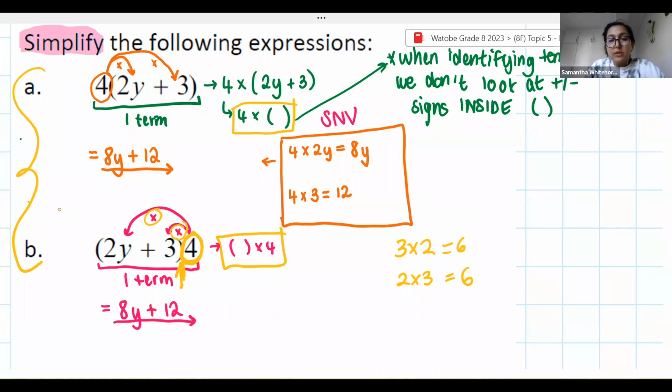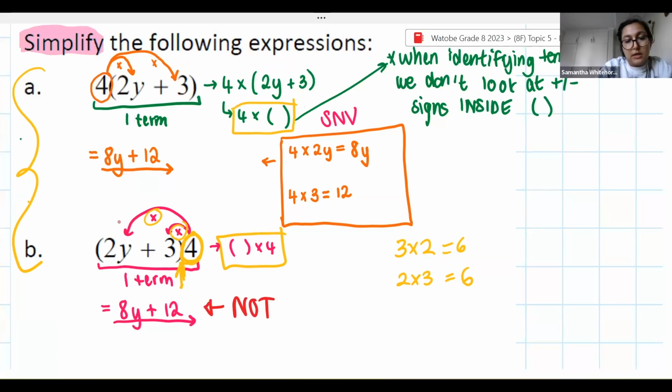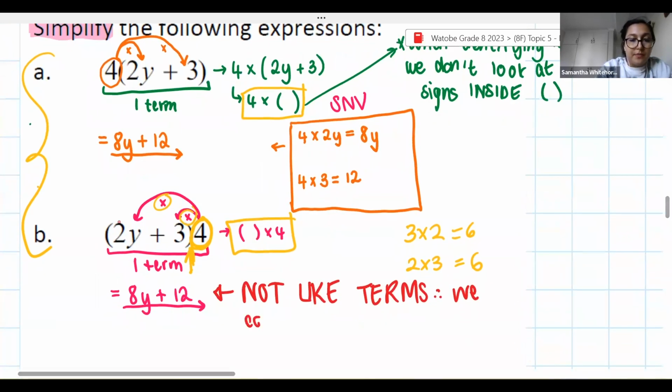Right, now, very importantly, guys, these are not like terms. These two terms are not like terms, which means that we cannot add or subtract them. So we cannot get 20 or 20y because they are not like terms.